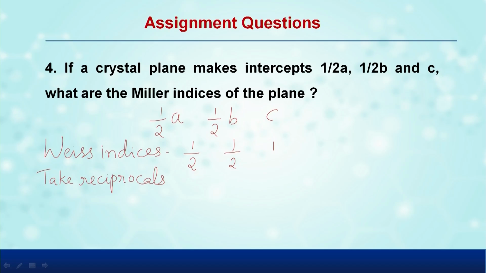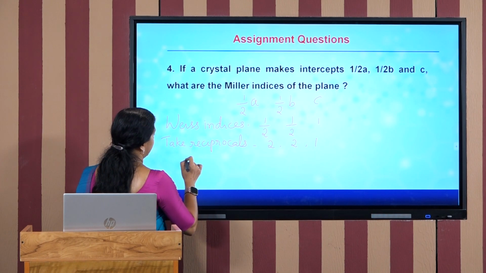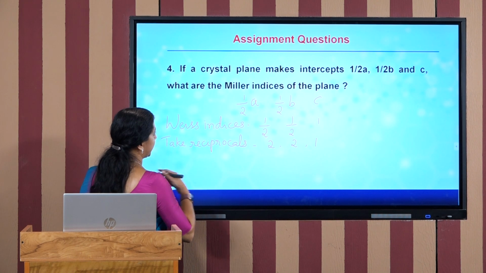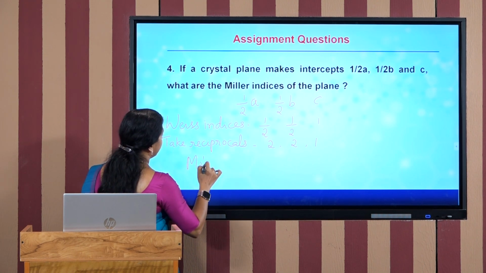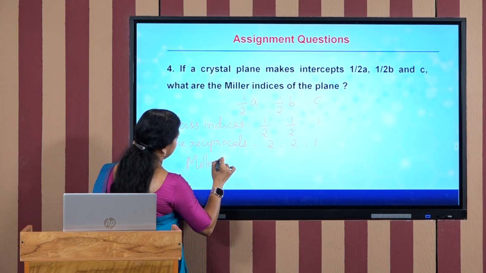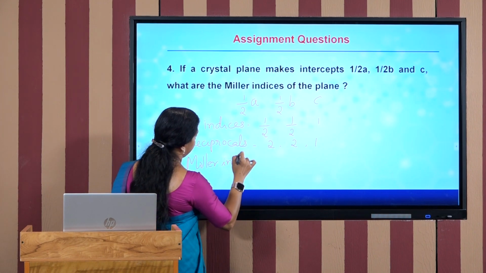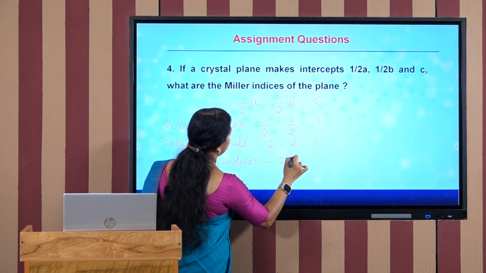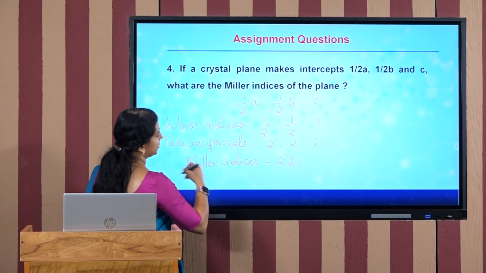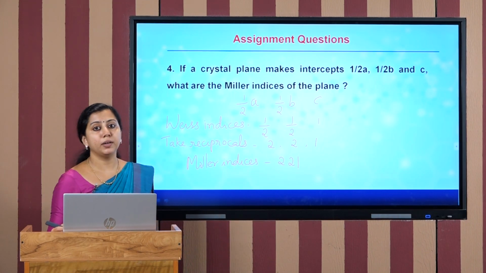So, when we take the reciprocals, that will be 2, 2 and 1. There is no need to clear the fractions because the denominator is 1. So, the Miller indices will be 2, 2, 1. So, the plane is a 2, 2, 1 plane.